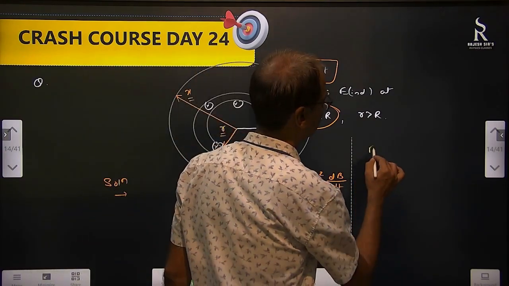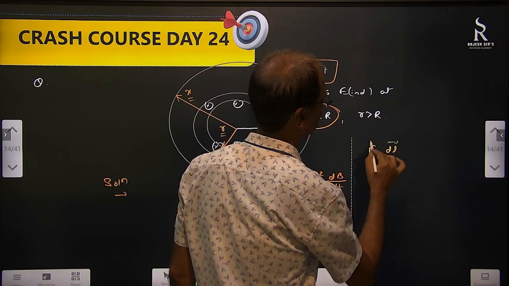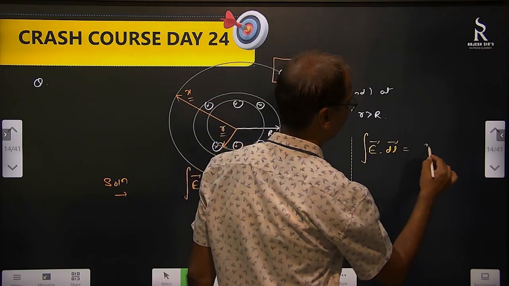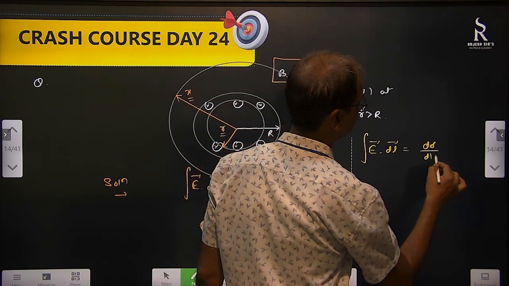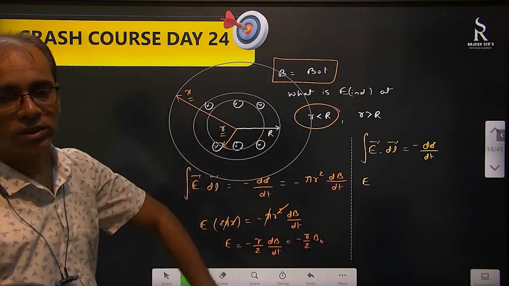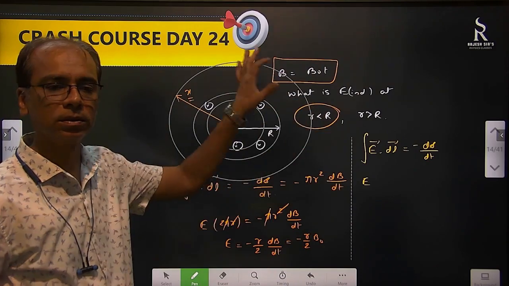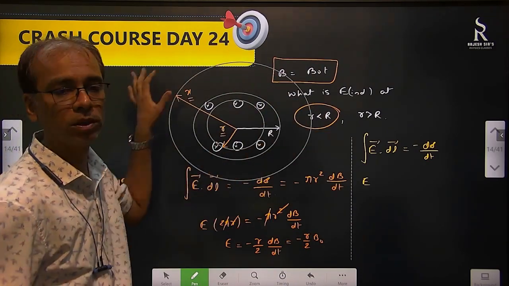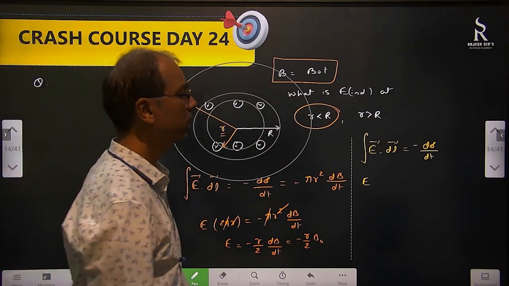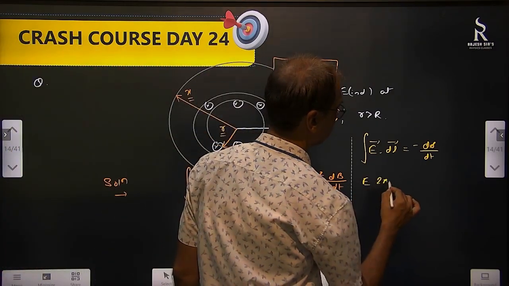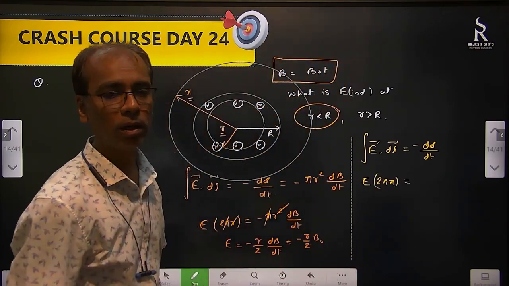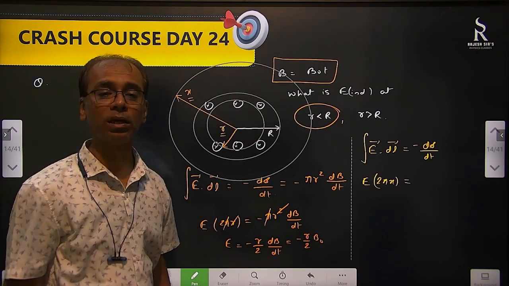So E dot dl is equal to minus dΦ by dt. So E into, now what is the circumference of this? It is 2πx, because we want to find the induced electric field here. So E into 2πx is equal to minus area into dB by dt. Which area?